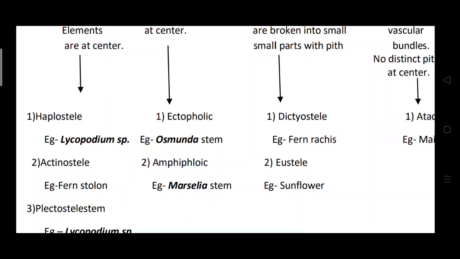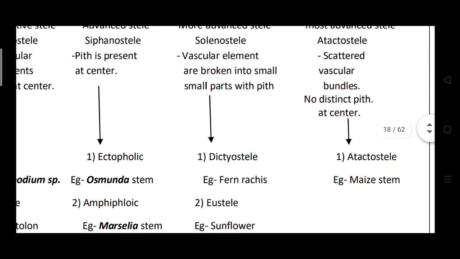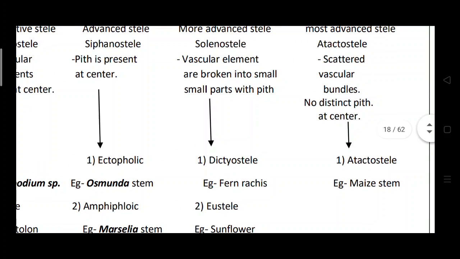The example of dictyostele is the fern rachis and of eustele is sunflower. Then the fourth type is the most advanced stele, atactostele, which has no types. Its example is the maize stem.